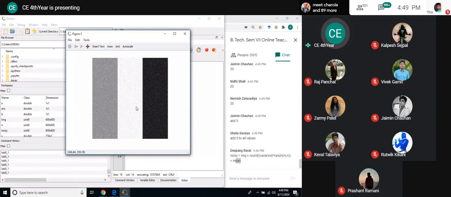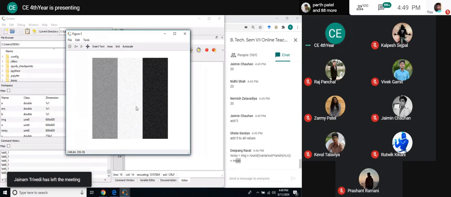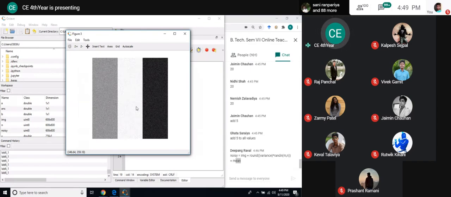This is what I received. I don't have my original image. I want to clean this, that is my requirement. But fine, cleaning is a separate issue that we will take later.